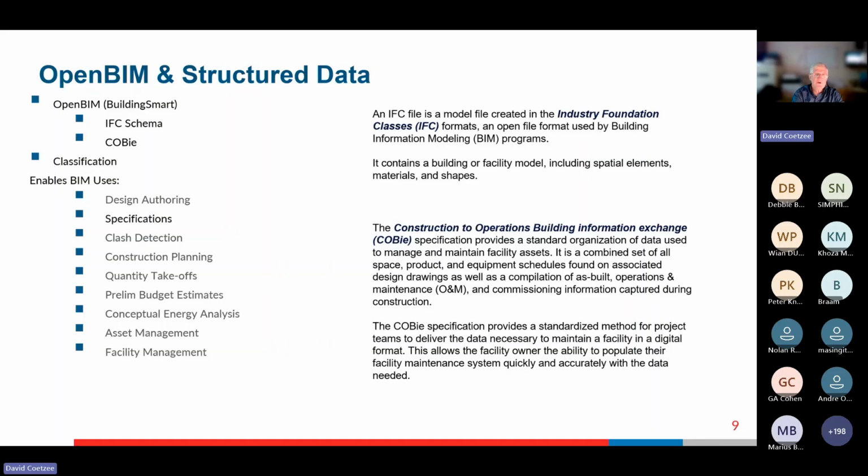Some very important work has been done by a number of international organizations that have worked very hard to ensure that we standardize how we develop and exchange data, both at the attribute level and at the geometric level. I'm sure this is getting a little bit more technical, but I'm sure most of you understand the idea of IFC schema, which is Industry Foundation Classes, which is an open file format used by BIM systems.